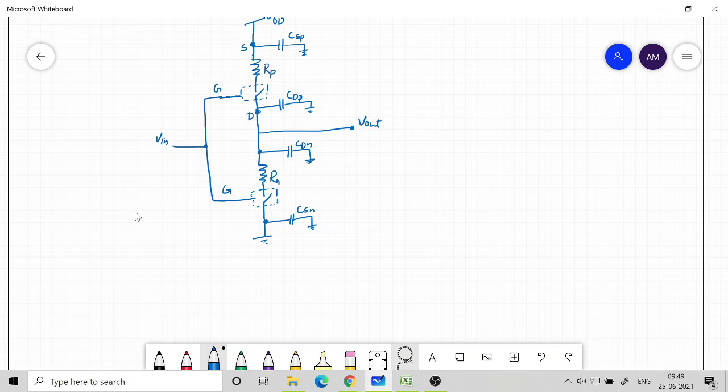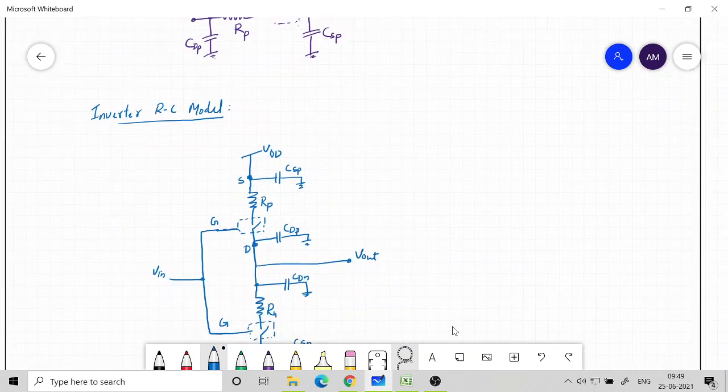Now if you look at that, out of these 4 capacitors which I have put, 2 of them don't matter at all in determining our output delay or the transient response at the output. Now output is in general also connected to some other section. So usually output of one gate will go into the input of another gate.